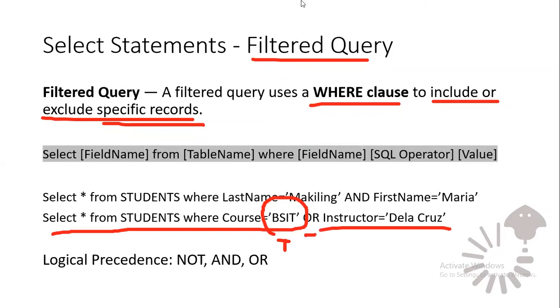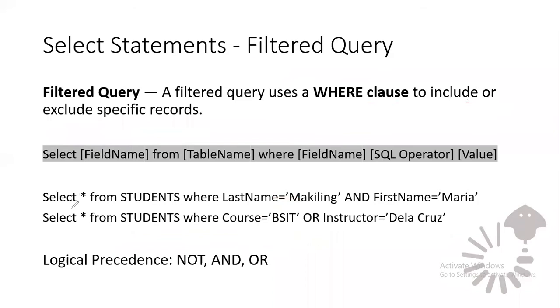Another example is select all from students where last name is Makiling. If that is true, check niya lahat ng records, check niya yung last name if equal to Makiling, true. And if first name is equal to Maria, true. Yun yung record na i-fetch niya. Kapag mag-false yan, deadma. Okay?